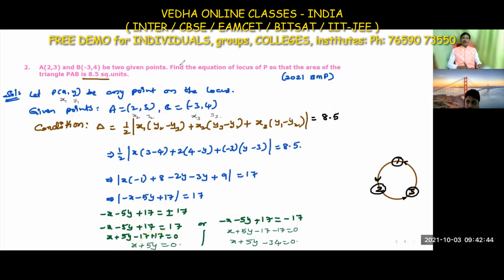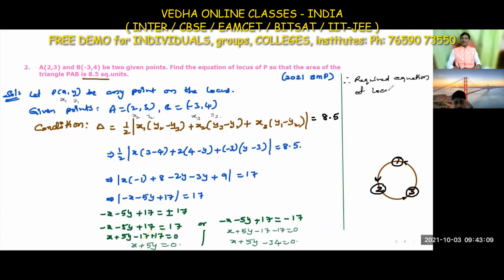So here what we want? We want the equation of locus. Therefore, the required equation of locus is obtained by multiplying both the equations.